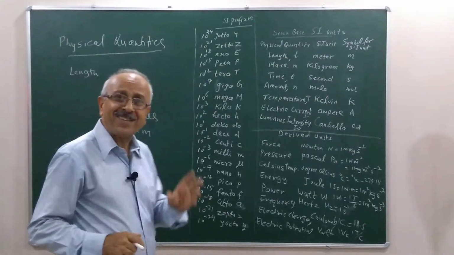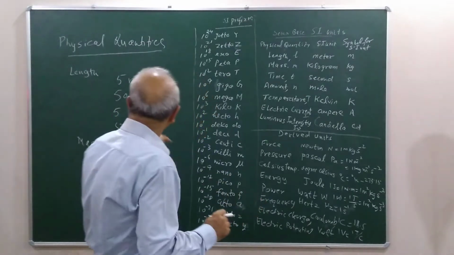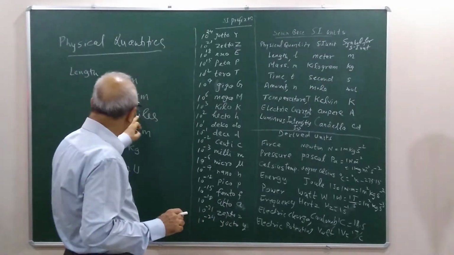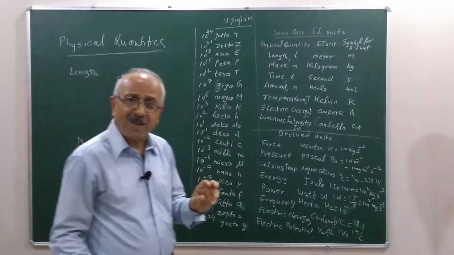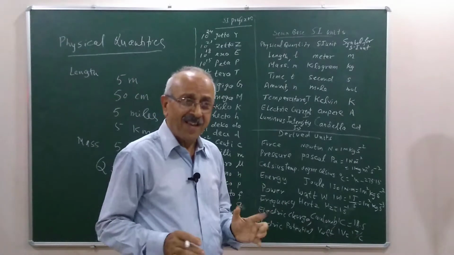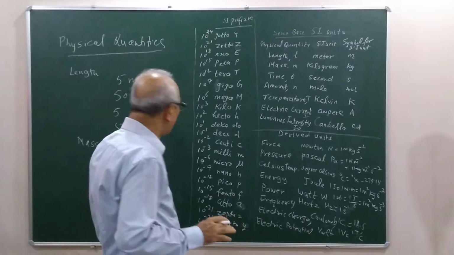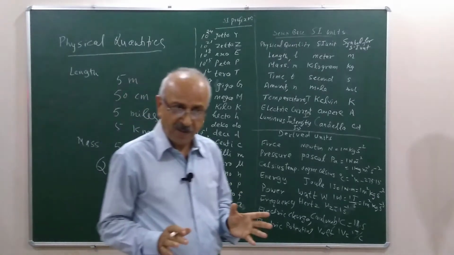But the unit should have a standard value. Here my unit is a meter, here a centimeter, here a mile. These values are standard values. They have been accepted everywhere. The value of the units should be such that it should not change.